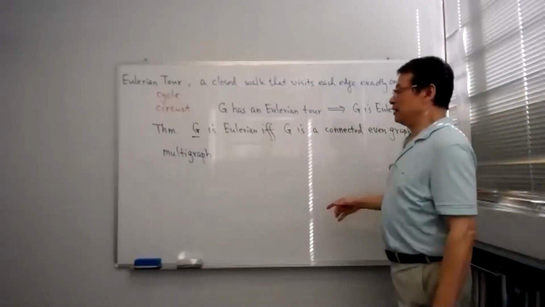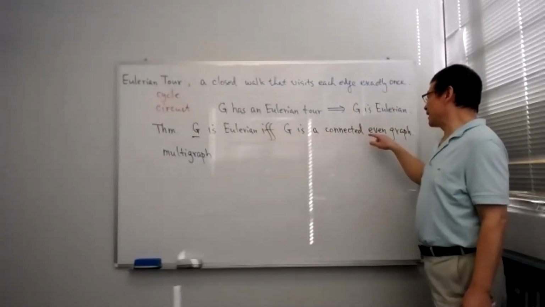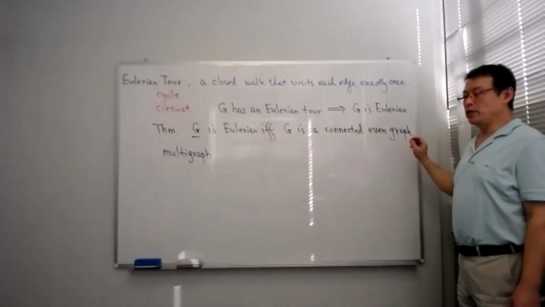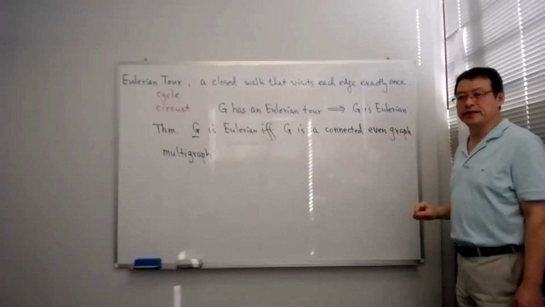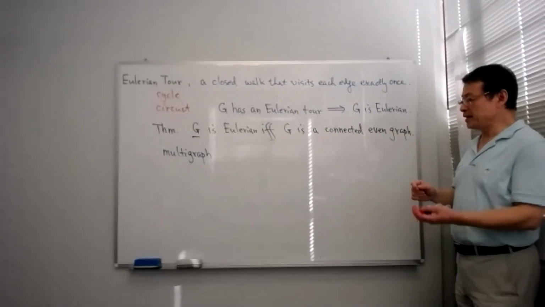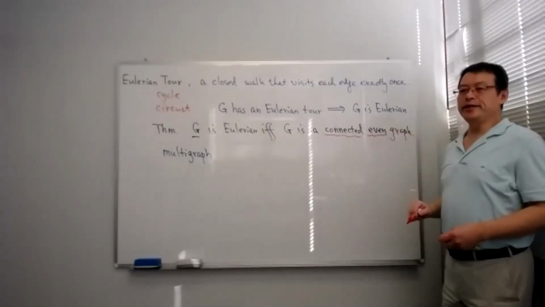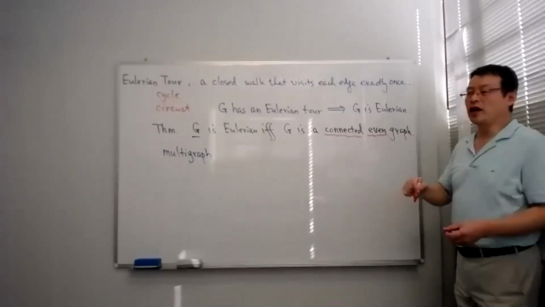A multigraph is Eulerian if and only if it is a connected even graph. So we know this condition is necessary. Now we're going to prove it is also sufficient. So that means whenever G is connected and even, then we can always find an Euler tour.